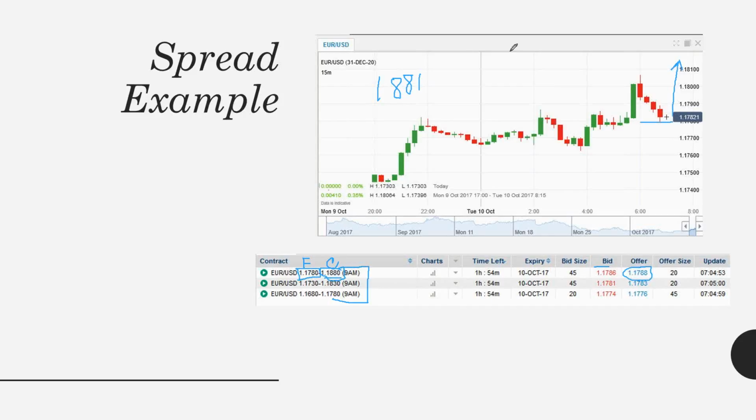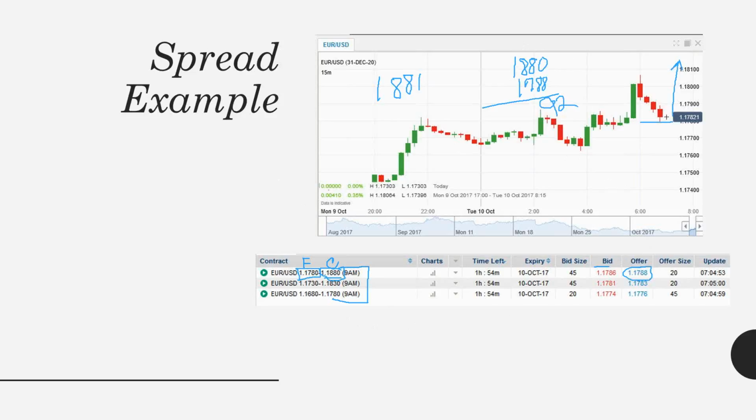So if you subtract the ceiling, which was 1880, from the offer, which was 1788, that would give you your maximum profit, okay? Does everybody understand that? Basically about $92, okay?